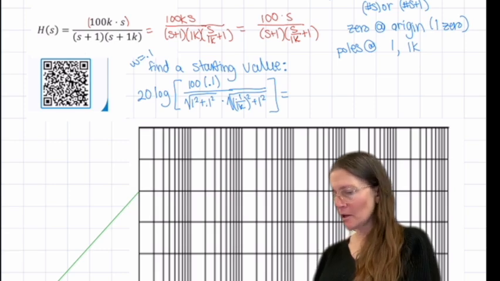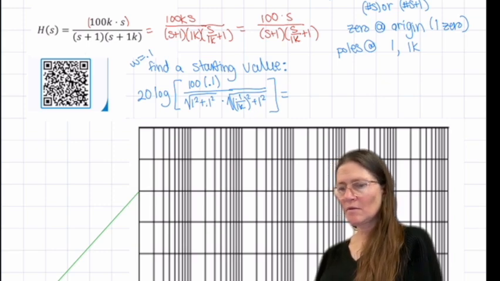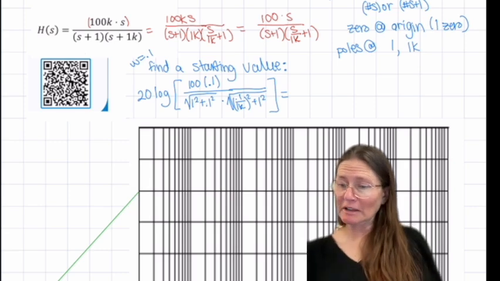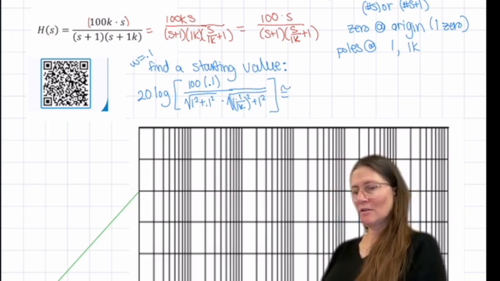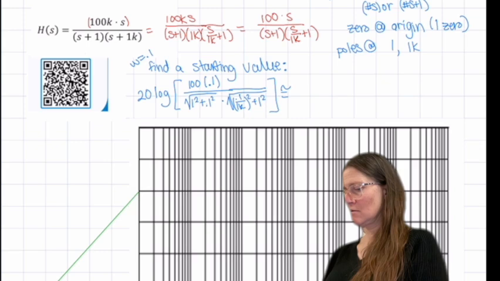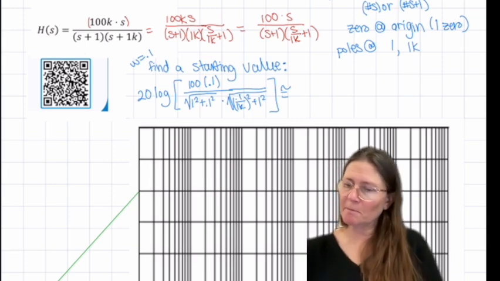So that ends up being approximately, taking the log, approximately 20 dB.